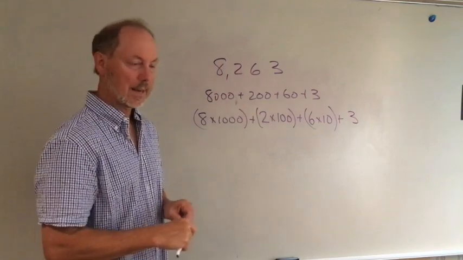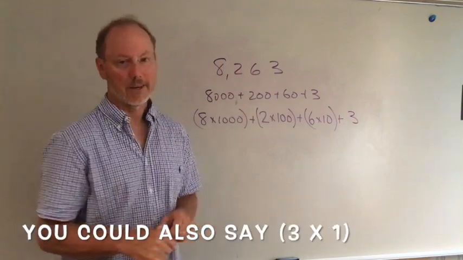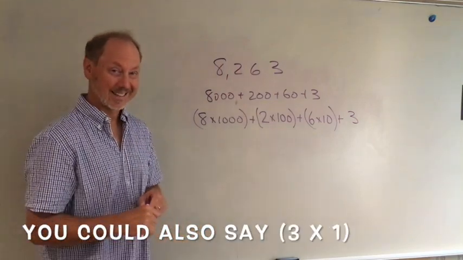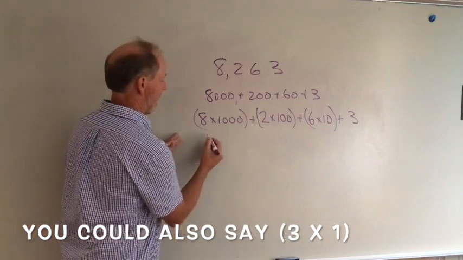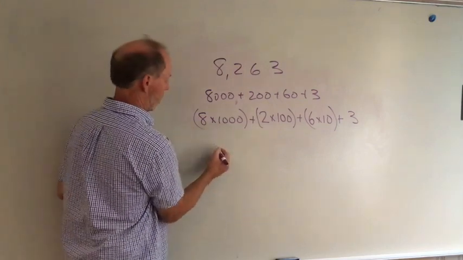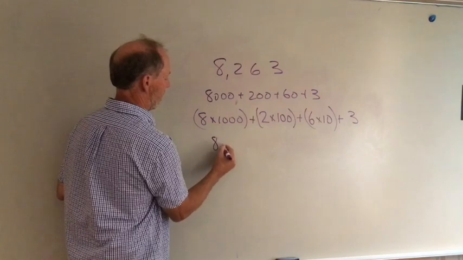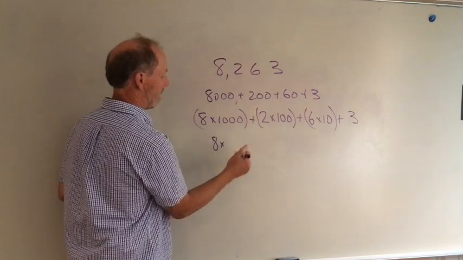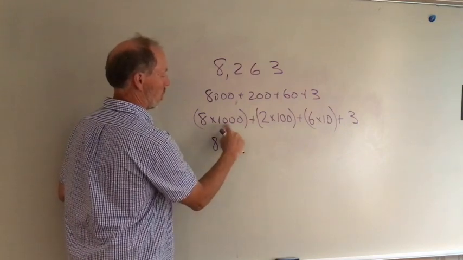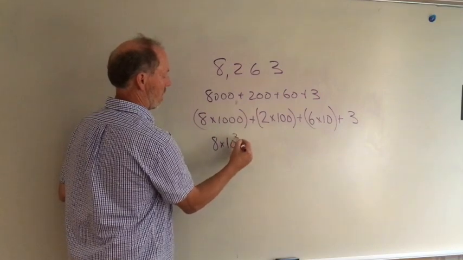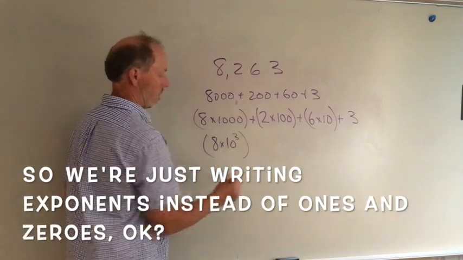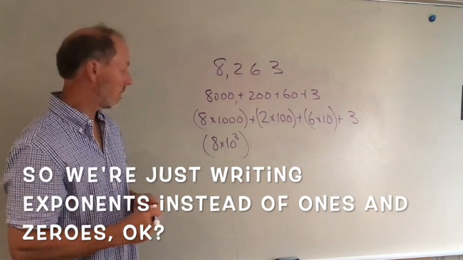Cool? Now, let's use our exponents to make this run a little easier. Instead of 8 times 1,000, let's write 8 times 10 to the 1, 2, 3. Good.